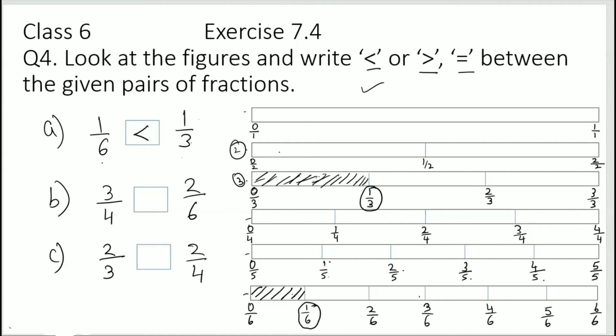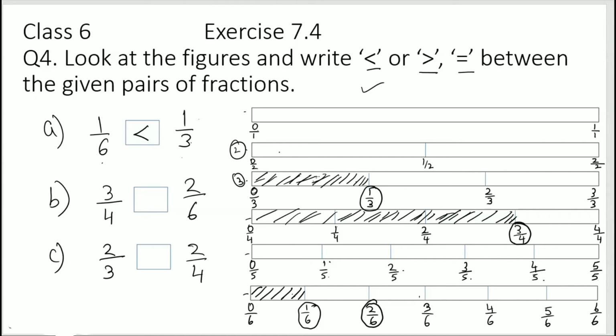Let's do the next one, 3 by 4 and 2 by 6. Locate 3 by 4. 3 by 4 is here. 2 by 6 is here. Right? So 3 by 4 means 3 parts out of 4 parts. So 1 part, 2 part and 3 part. Okay, so this entire thing is 3 by 4.